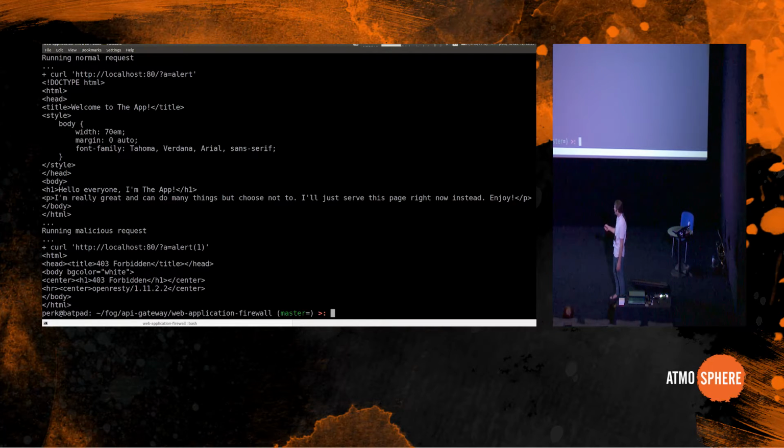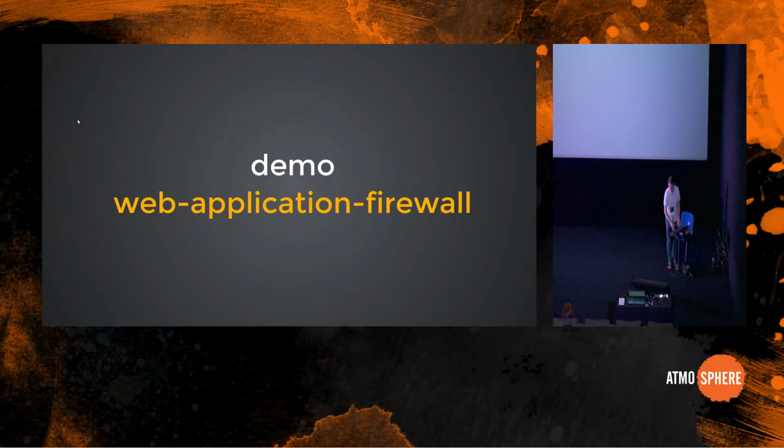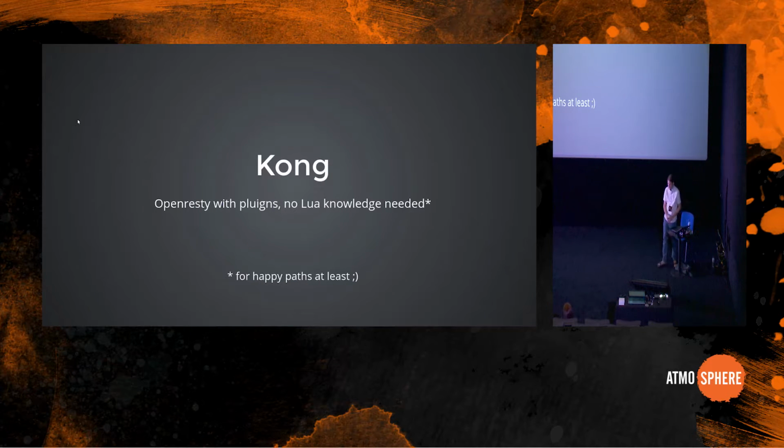So our web application firewall, which is OpenResty, just bounced it back and has given us forbidden, so we are not allowed to connect to the application anymore. And it's really easy. I urge you to use such things.